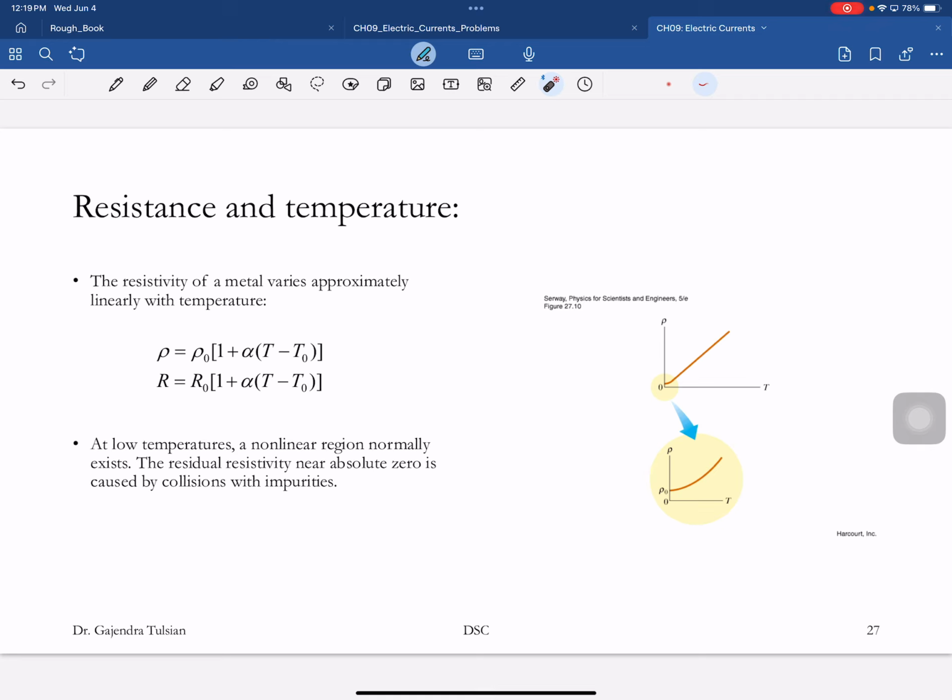What this graph shows you is that for most of the temperature range, the resistance varies linearly. But when you come very close to absolute zero, there's a residual resistance. So at 0 degrees, there's a residual resistance for most metals, and that's because of impurities or defects.